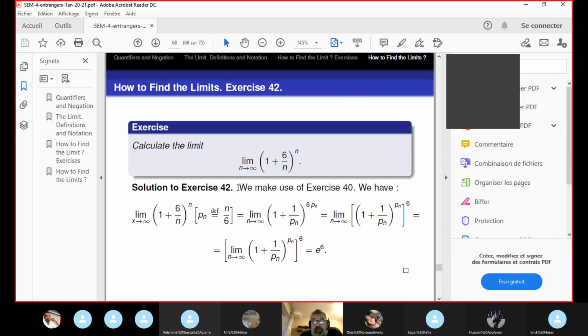In this case, I have to find the limit of (1 + 1/p_n)^(6 p_n). Because if p sub n is n over 6, then 6p sub n will be exactly n. Agree?